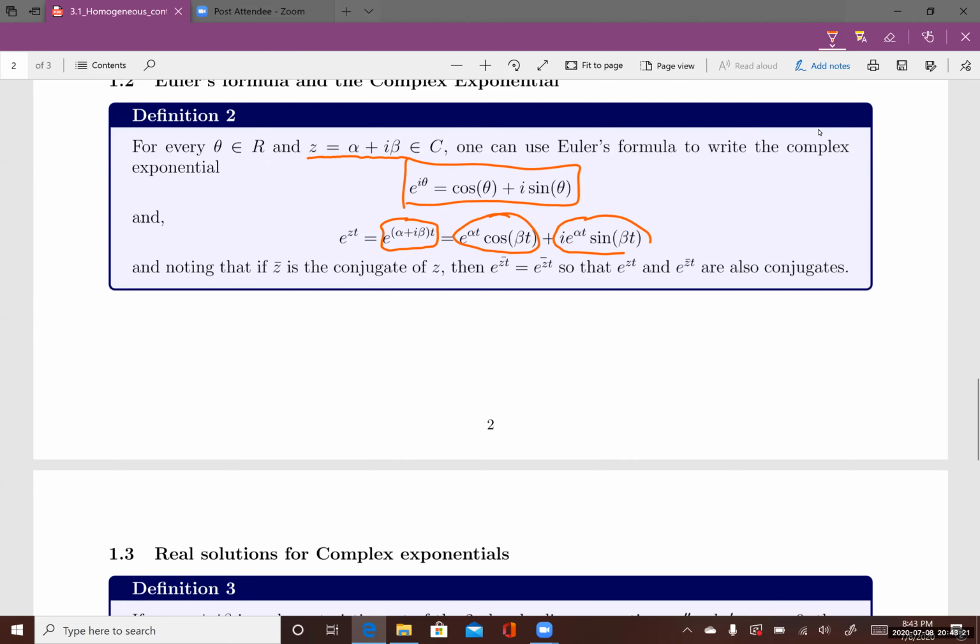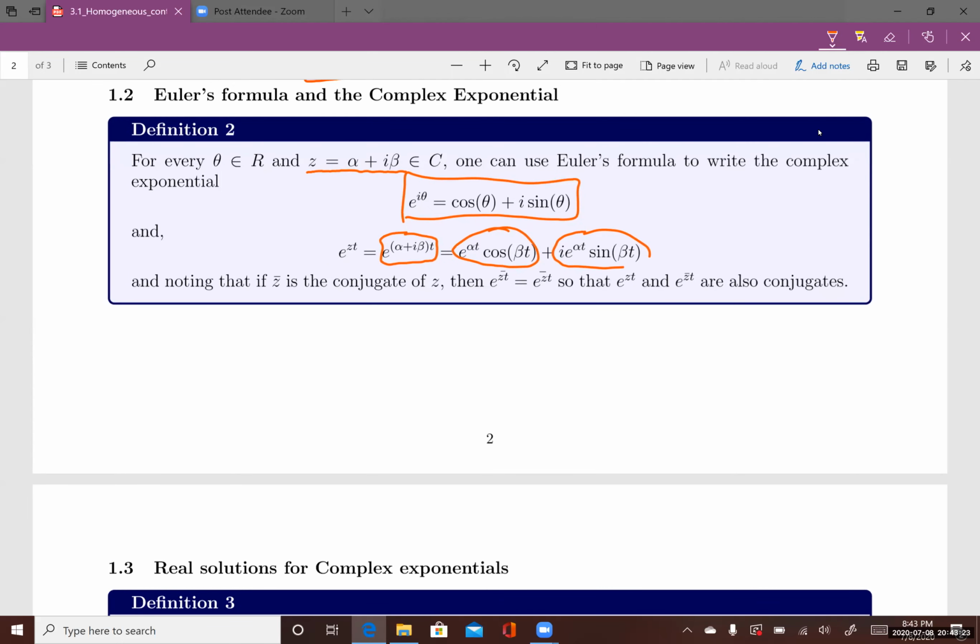All right. So noting that if z bar is the conjugate of z, then e to the z bar t is also the conjugate of e to the zt.